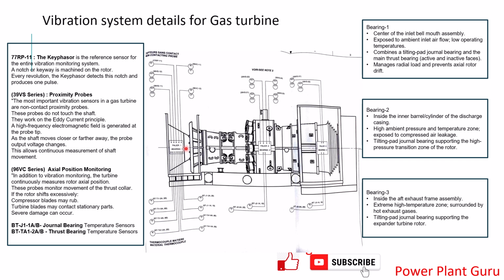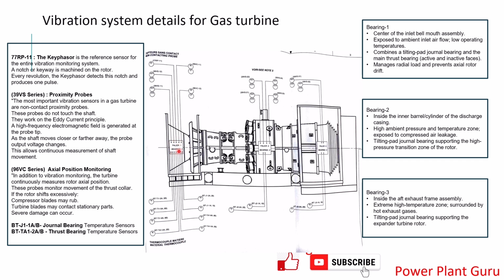The inactive side will be used during startup and shutdown. So both sides of the thrust bearing will take load accordingly, and here is the anchor. It will try to keep the shaft in position. So this bearing will have a radial, I mean journal bearing, as well as a thrust bearing.